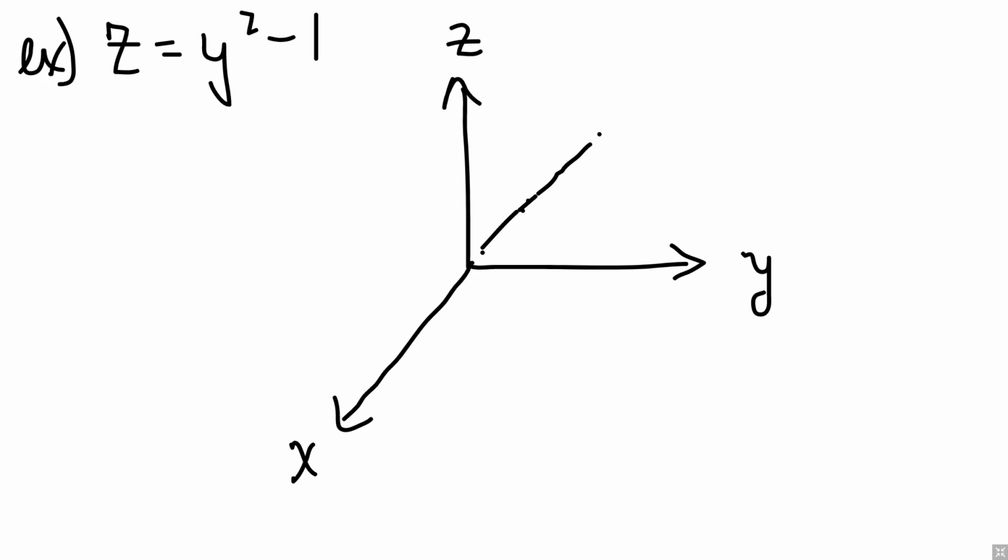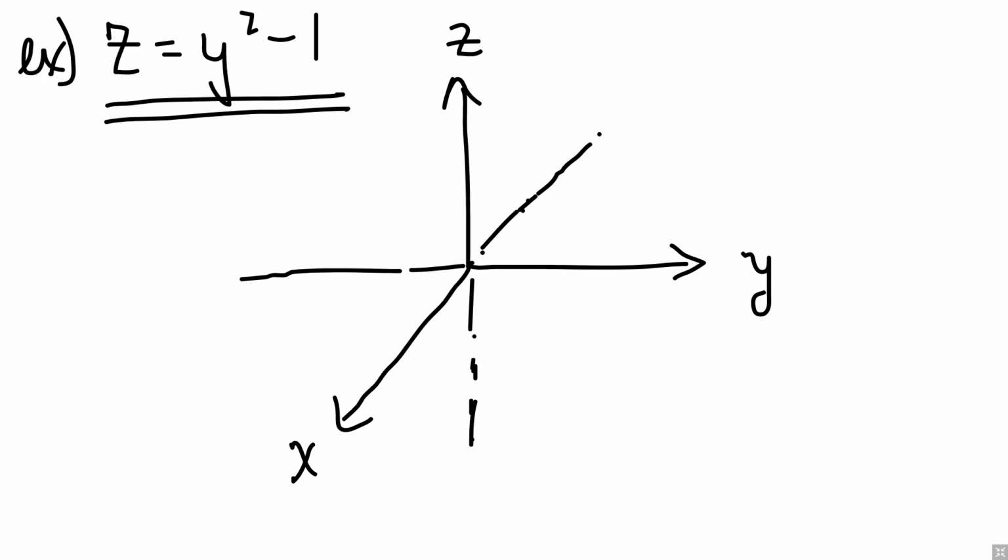And I'm going to do the same thing with the y, and the same with the z. Okay, so I'm going to take a look at graphing this first. So z equals y squared minus 1.